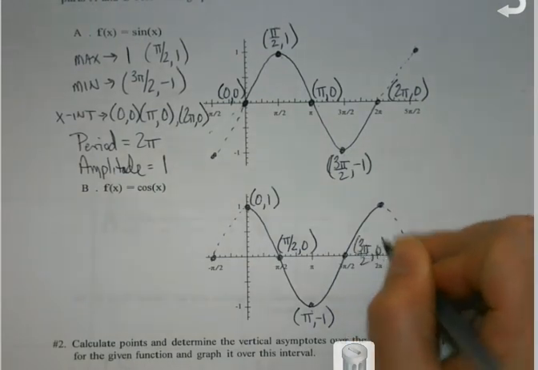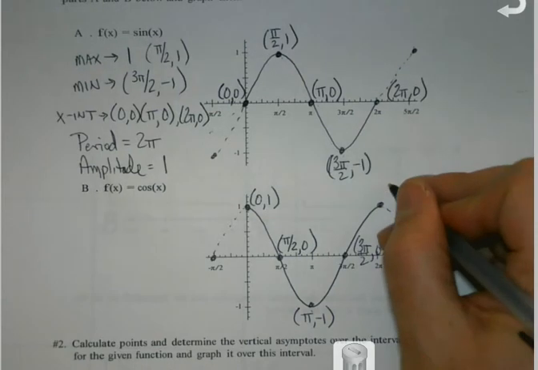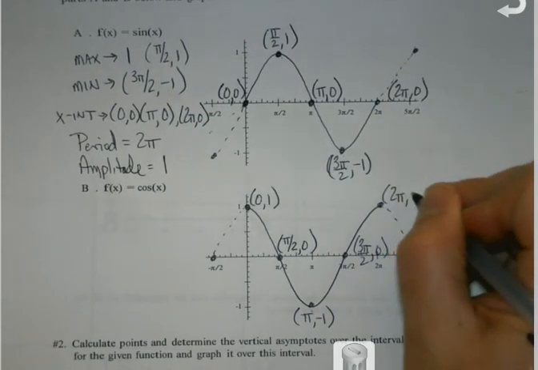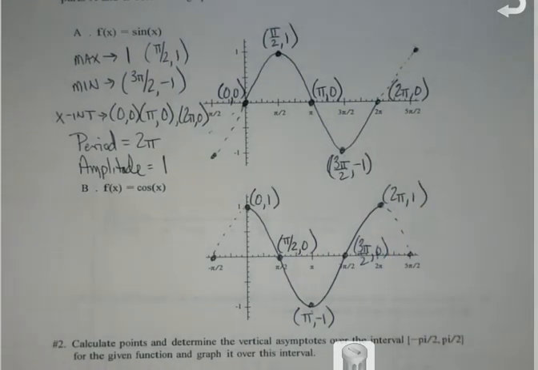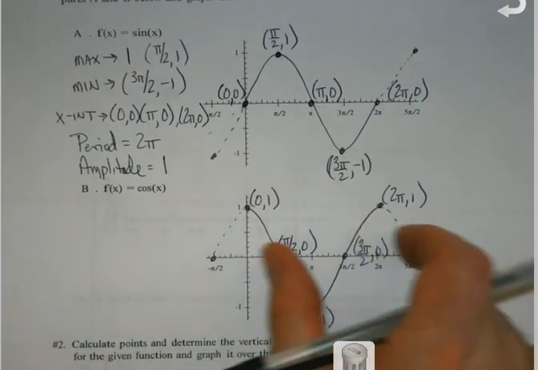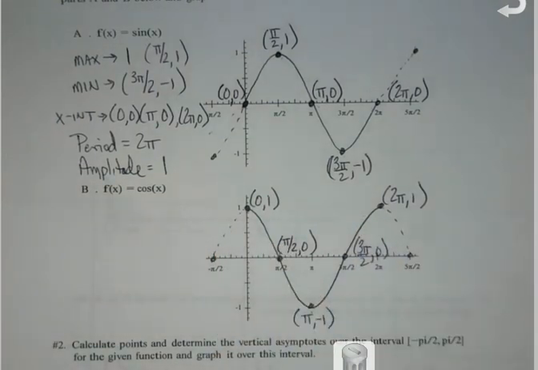Three pi over 2, back to 0. And 2 pi, back to 1. So if you really thought about it, basically when you're looking between cosine and sine, you're just shifting the graph 90 degrees. If I take this whole graph and go 90 degrees to the right, I'd have the exact same graph.